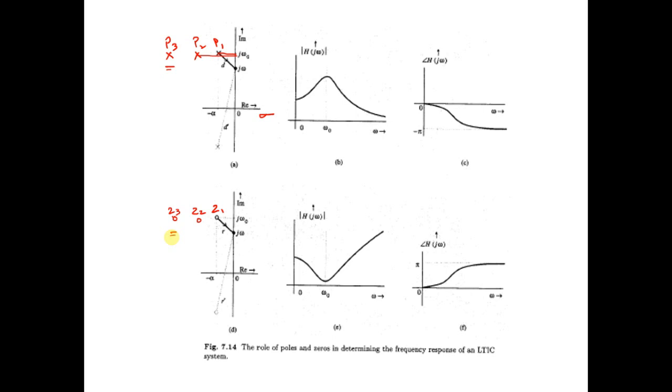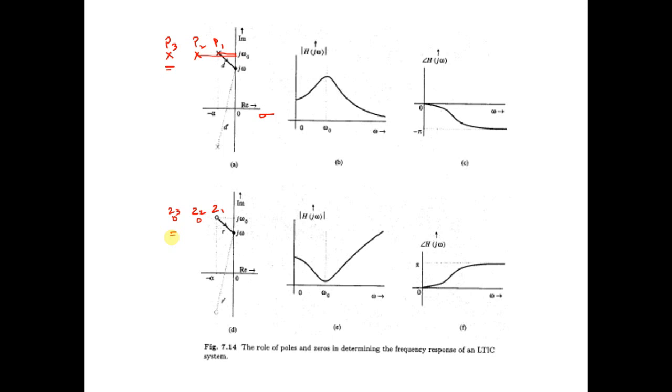If you look into the amplitude, if you go towards the P3, amplitude is decreasing. If you go towards the 0, amplitude is increasing. But the effects of the poles and the zeros are predominant when they are placed closer to this frequency axis. So this is the important thing that you need to know.